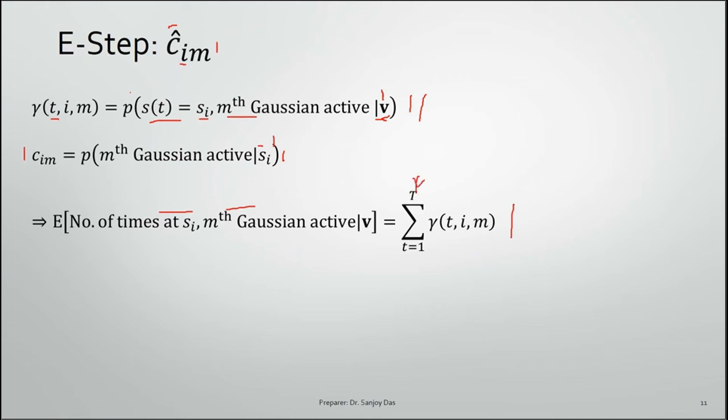And therefore, what I have here is the expected number of times the HMM was at state S sub I and the mth Gaussian was active. This mth Gaussian, as a reminder, is different for each state I, and so it has its own separate parameters. Let's remember that. Anyways, back to this expression, the expected value is the summation of gamma Tim.